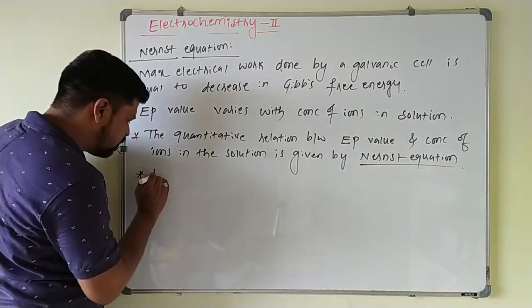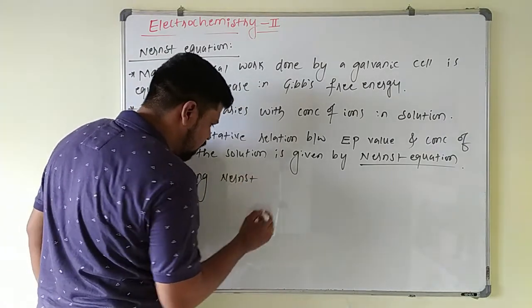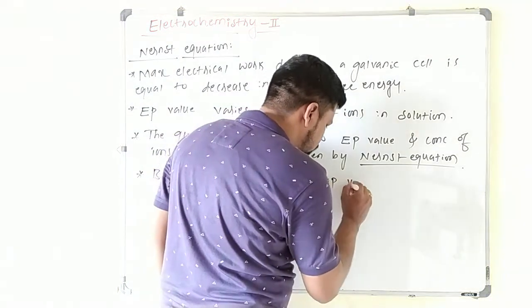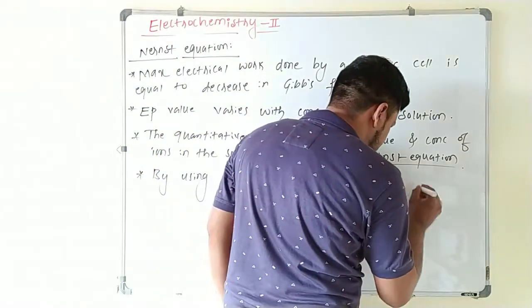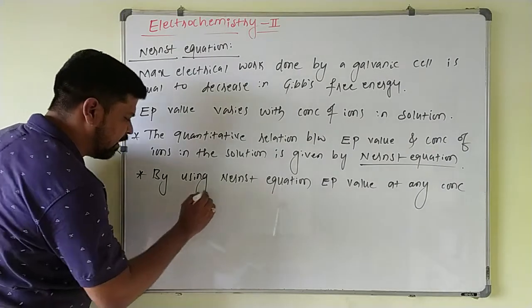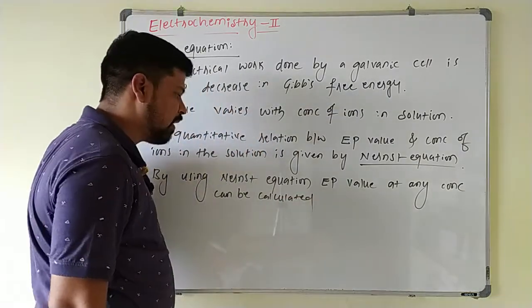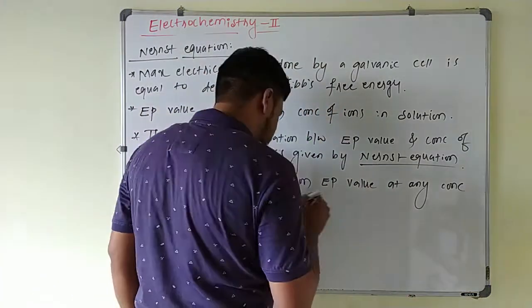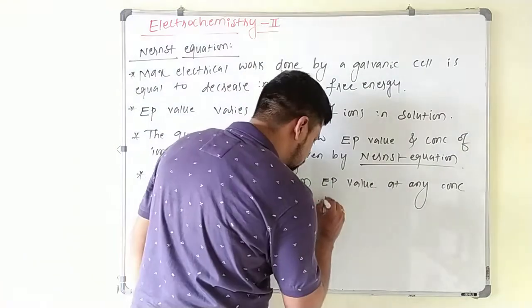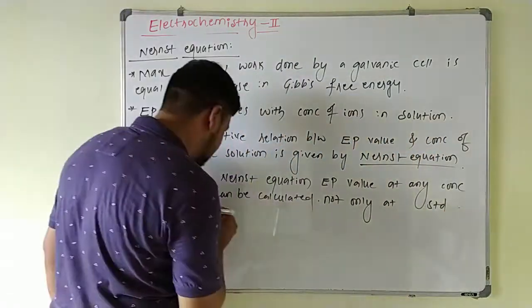So here, by using Nernst equation, electrode potential value at any concentration can be calculated, not only at standard conditions.